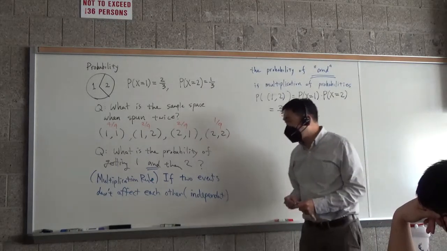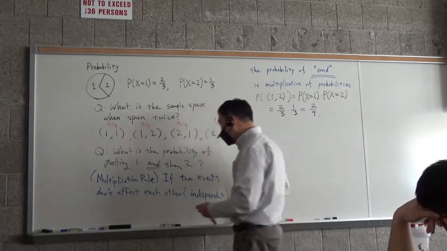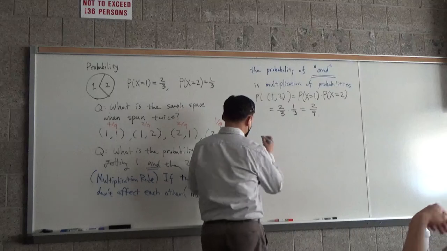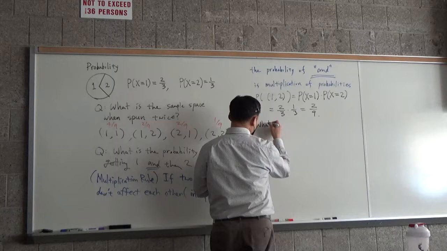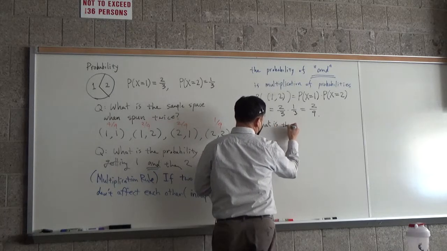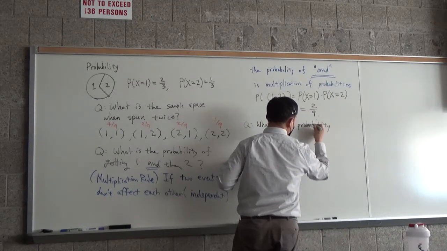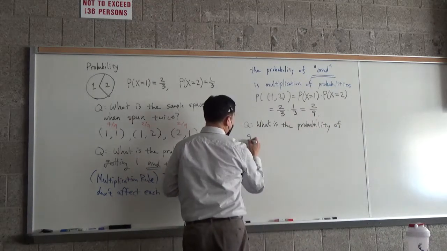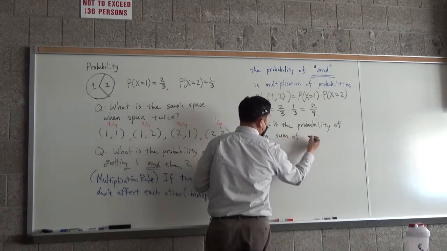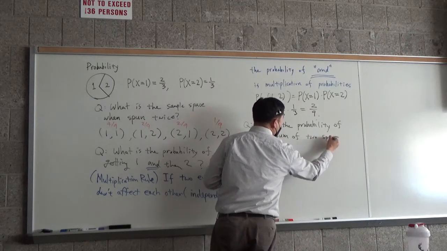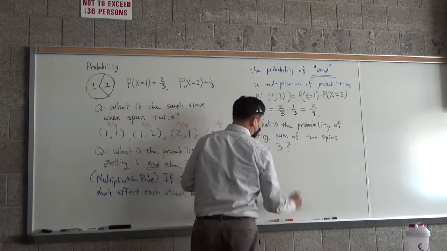Okay. All right. Now let's move on to the next question. What is the probability of getting the sum of 2 spins to be 3?